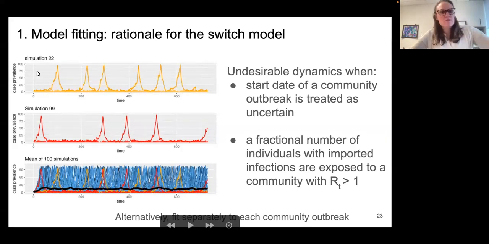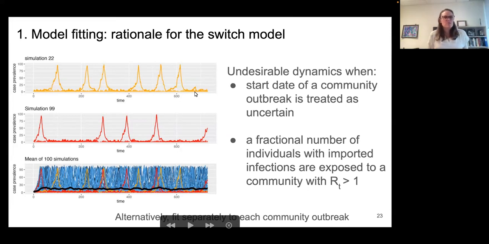This is what's shown here with simulation 22 and simulation 99. Those are 2 different types of dynamics that maybe we could have seen in Newfoundland and Labrador. This is running over 2 years. We're seeing for simulation 22, 1, 2, 3, 4, 5, 6 community outbreaks. We have travel-related cases down the bottom.